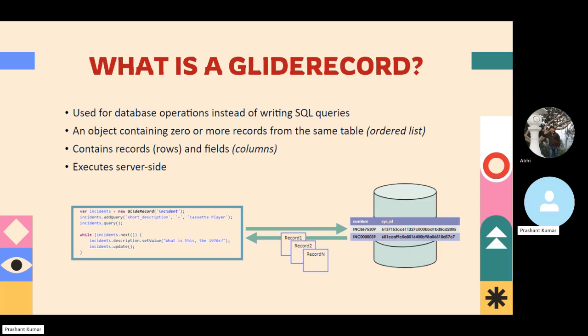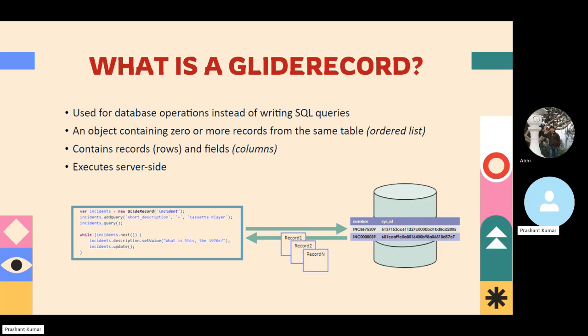Under addQuery, we are doing a conditional check on a column, and based on those conditions we are querying a specific record and getting the record. This will execute our server side script, incident.query, which then returns the data for us. So this way we can write GlideRecord for any table in ServiceNow.